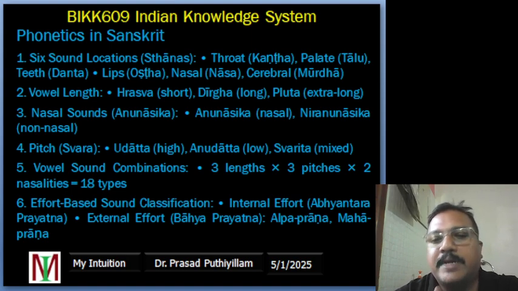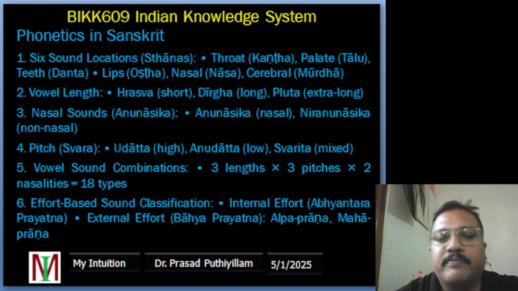Whereas a, which lasts 2 units, is called dirgha. And if you stress it one more unit, it becomes 3 units, an extra long vowel, which is called pluta. For example, if you want to shout Ram, it goes 3 units.